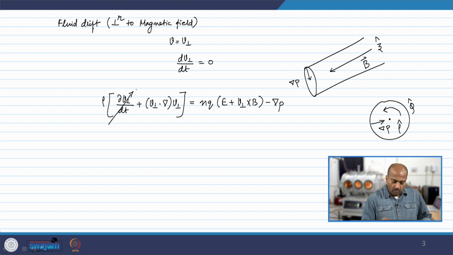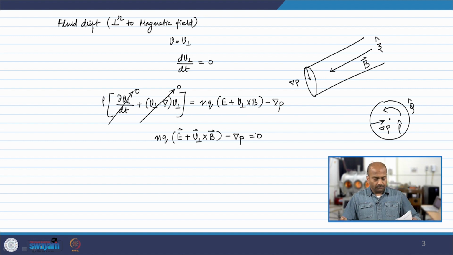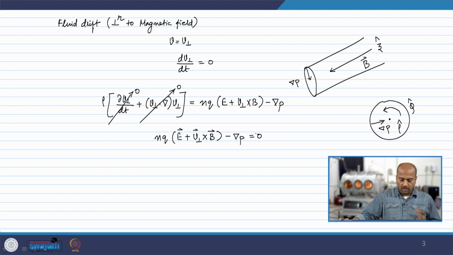So, this is already 0 because v perpendicular is very small. Since it is already small, this second order term may also be neglected. So, effectively what we have is n q times E plus v perpendicular cross B minus del P is equal to 0. Okay. All of these forces effectively contribute to nothing, right. These forces will sum up and give you 0.